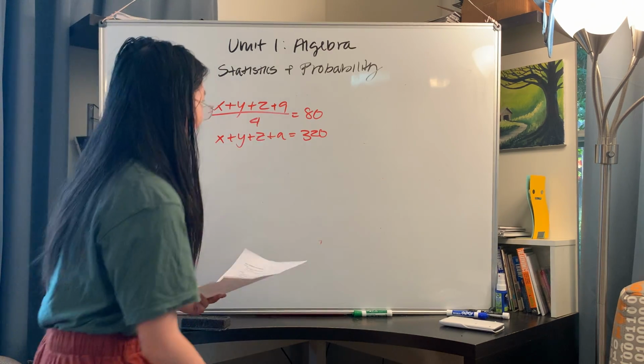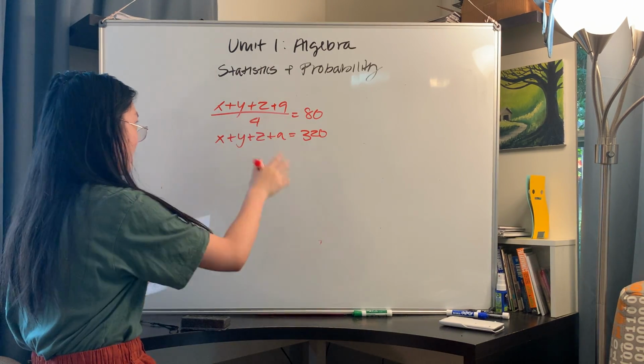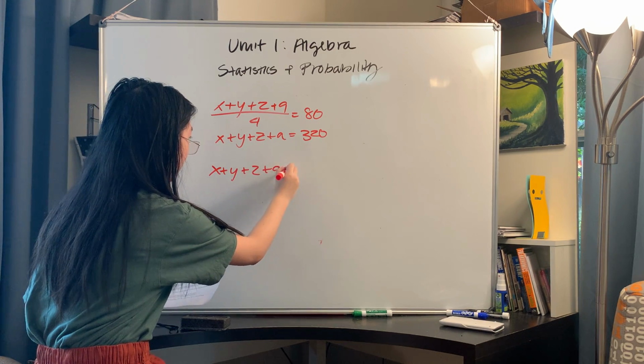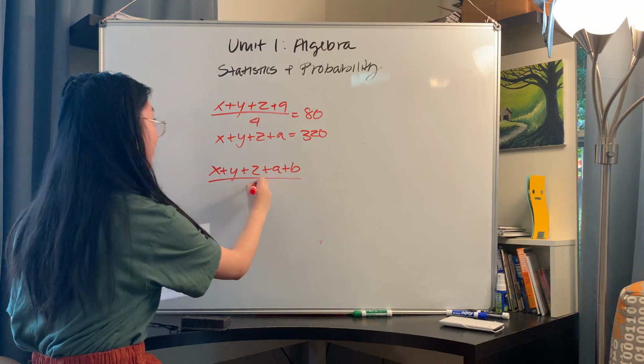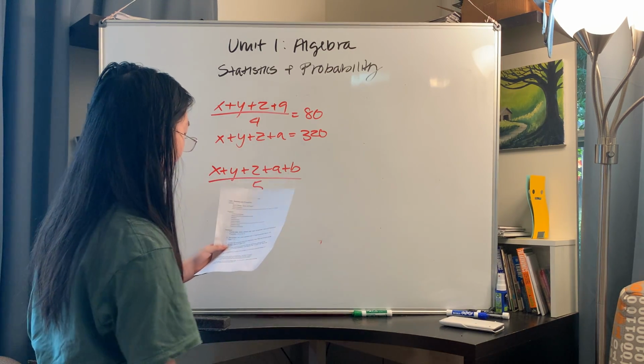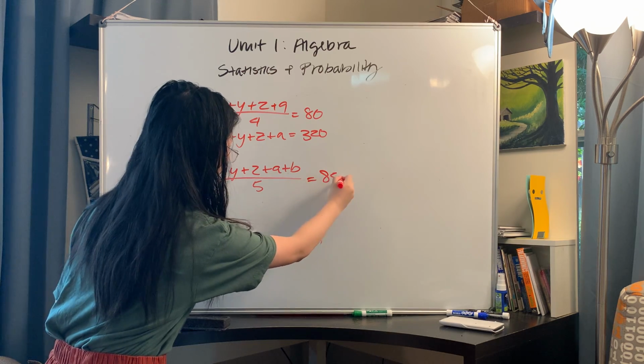So on our next test, we'll call this test b. We'll have x + y + z + a + b divided by 5, because she's now taken 5 tests. She wants to raise her average to 82, so that equals 82.